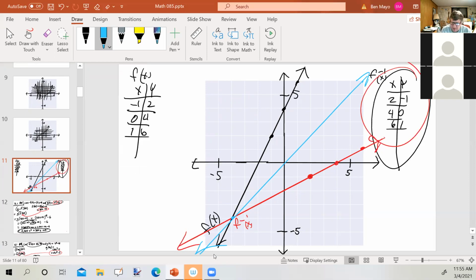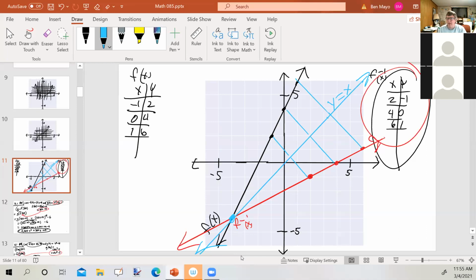Can you see that f of x and f inverse of x are symmetric with each other about the line y equals x? Symmetry there? So, for instance, this distance is the same as that distance. This distance is the same as that distance. This distance is the same as that distance. And here, in fact, they overlap.